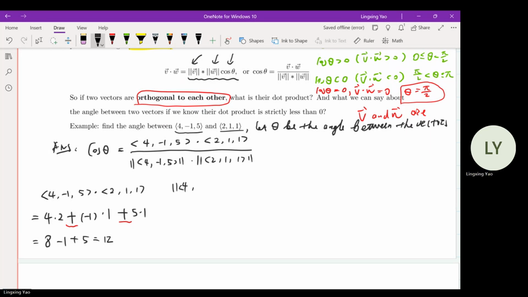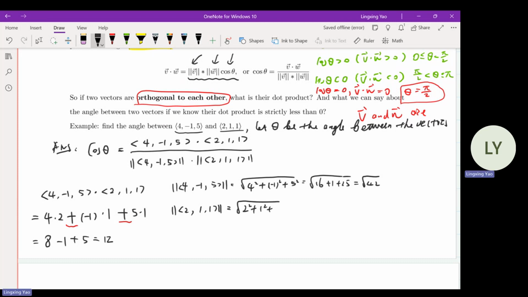The first is the square root of 4 squared plus -1 squared plus 5 squared, which is 16 plus 1 plus 25, so the square root of 42. The length of the second vector is the square root of 2 squared plus 1 squared plus 1 squared, which is 4 plus 1 plus 1, so the square root of 6.